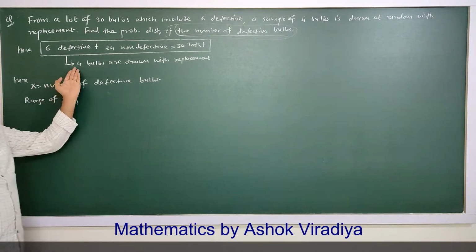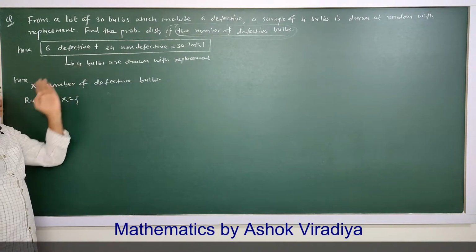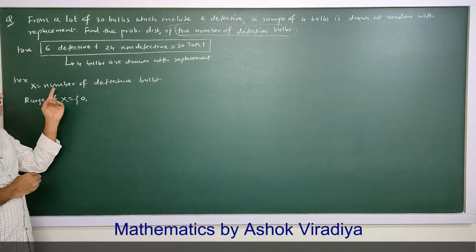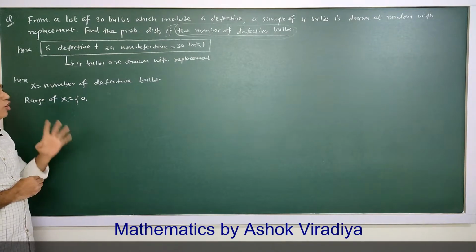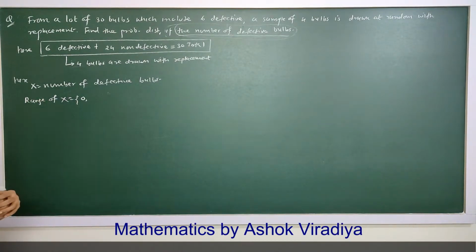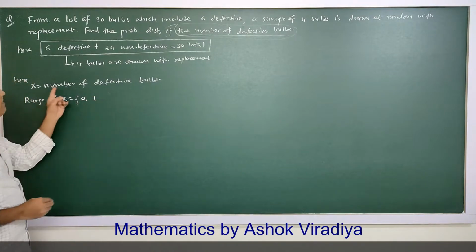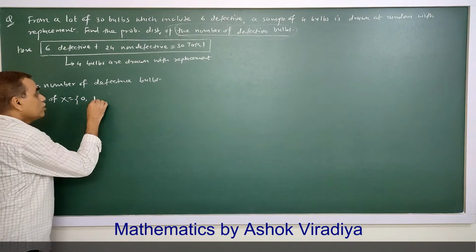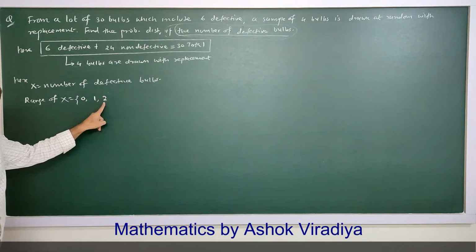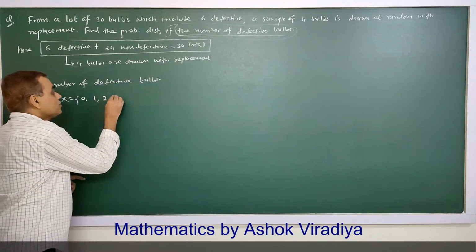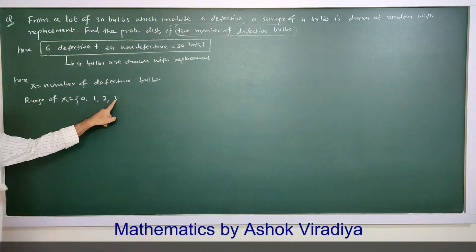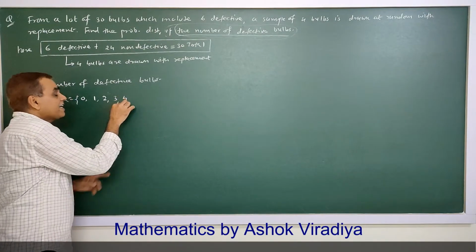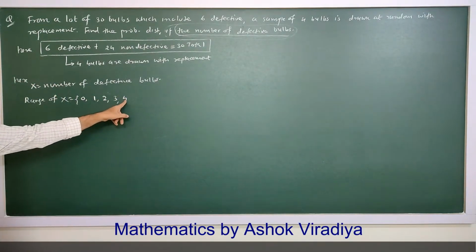In the bunch of these 4 bulbs, no bulb can be defective. At that time, all 4 are non-defective. 1 bulb can be defective; at that time, 3 non-defective. 2 defective, that time 2 non-defective. 3 bulbs are defective, at that time 1 is non-defective. And if all 4 bulbs are defective, that means no one is non-defective.